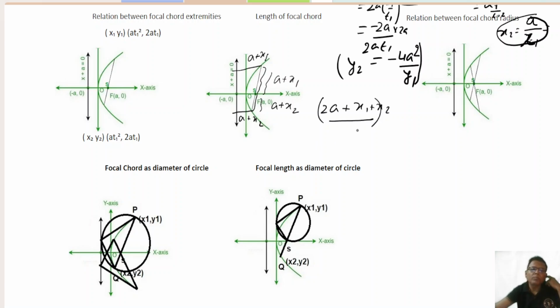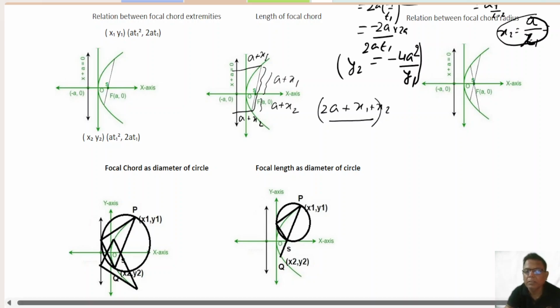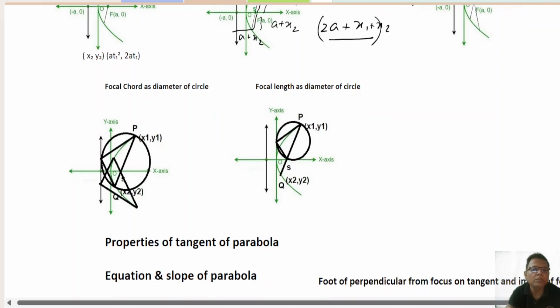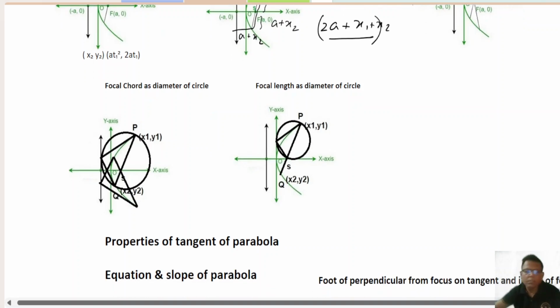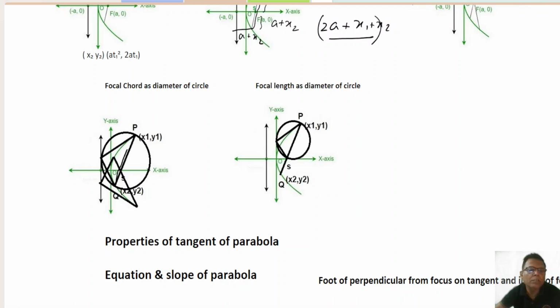Now come to the focal chord as the diameter of a circle. You draw a circle considering the focal chord as a diameter. Drawing the circle on the focal chord as a diameter, it will touch the directrix. And this is another focal chord.